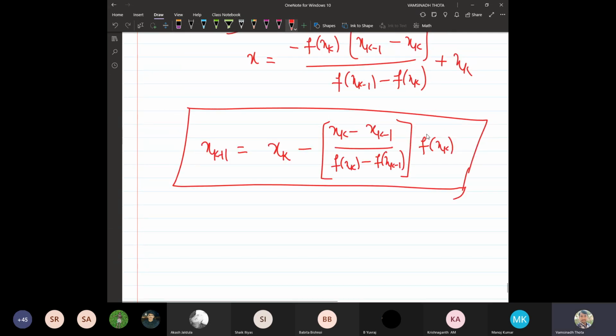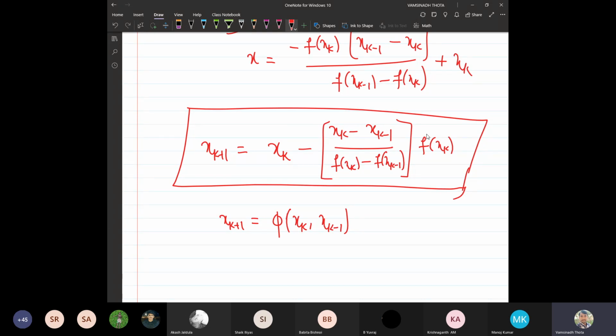Previously we gave the general explanation for the iteration method: x_{k+1} is equal to phi of x_k, x_{k-1}. So basically this is a 2-point iteration method. Why?